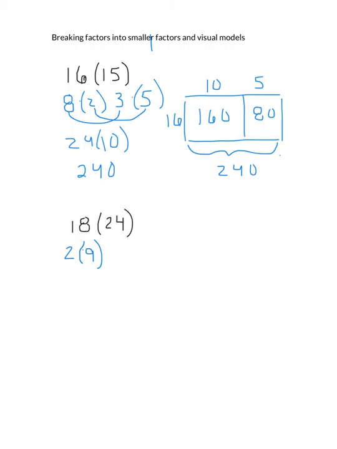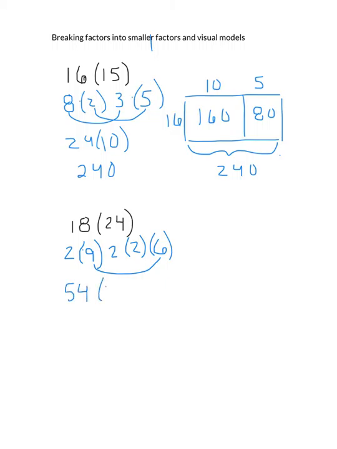What might be easiest? Well, I actually think with 24, I might break it down into 2 times 2 times 6. So I know 2 groups of 2, and this is why. Because now I have all these 2s left. I know that 9 groups of 6 is 54.